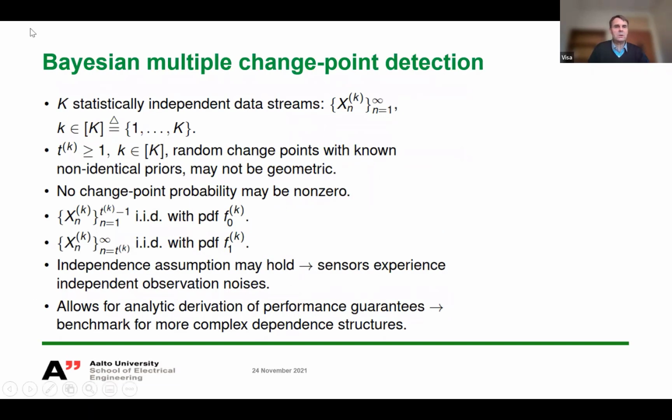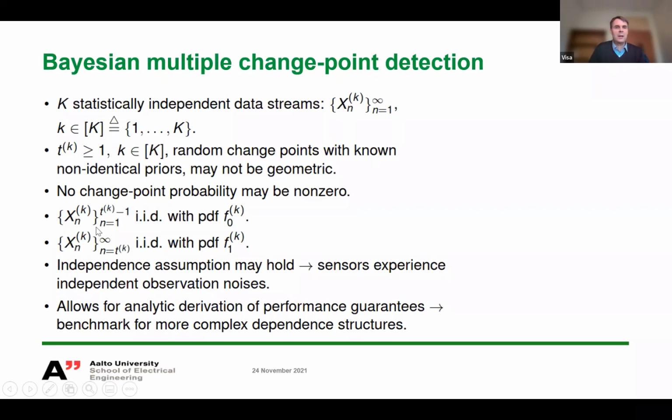So just to give you this formulation, we have K independent data streams, and in each data stream there's a change point. Typically the prior model for those change points obeys the geometric distribution, but it could be something else too.